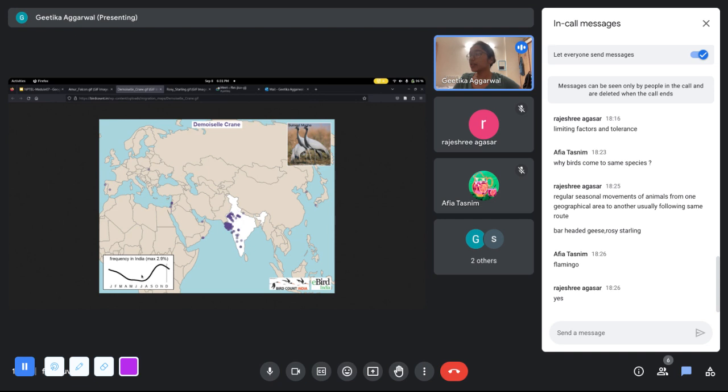So you can see the wintering grounds here are in Rajasthan mostly and some parts of Gujarat, and it moves back around March to Central Asia and to some parts of Europe, and it comes back to India during the winters to avoid the extreme cold climate that is faced in Central Asia.